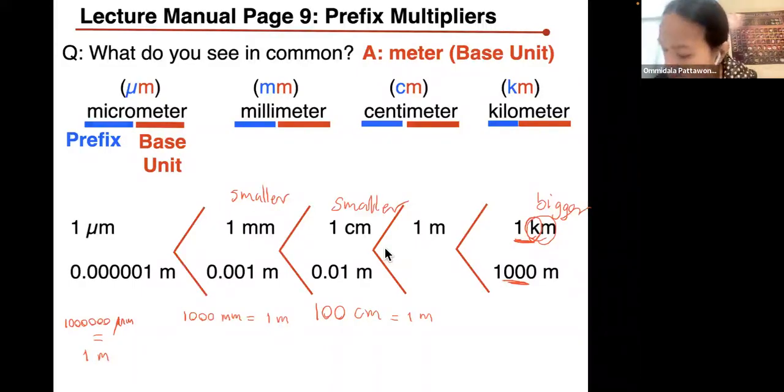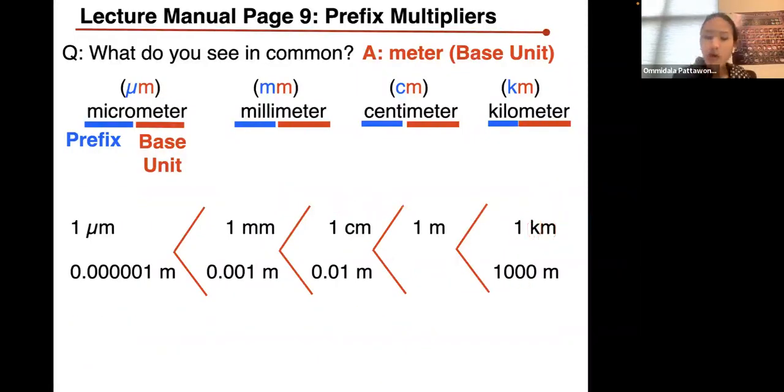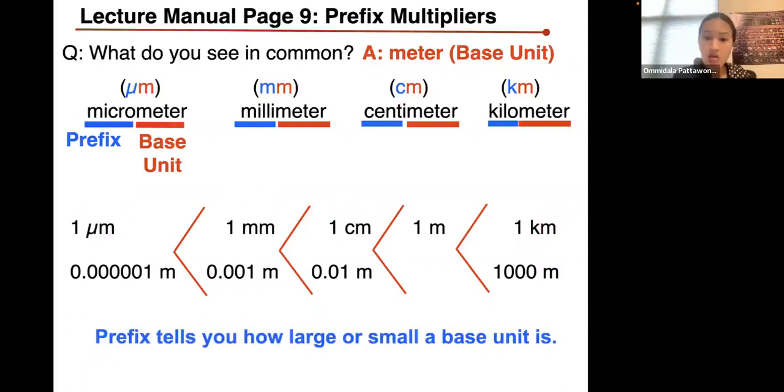So micrometer is even smaller than the millimeter, and also smaller than centimeter as well. So the prefix will tell you how large or small a base unit is, right? For example, anything that comes with kilo would be very big, and anything that comes with milli or centi or micro would be small. So it's considered a small unit.